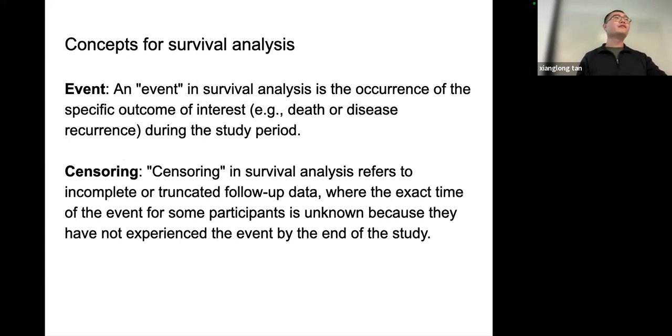It could be caused by multiple reasons, such as the patient's clinical report stopping in the middle of the experiment, or the patient still surviving after the entire data collection period, which means the event didn't happen.